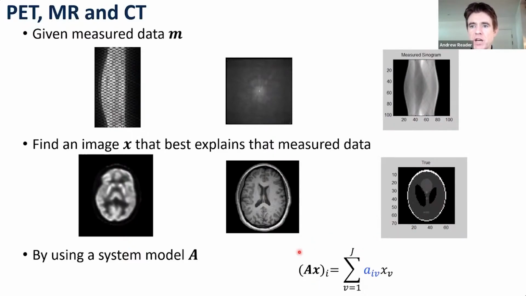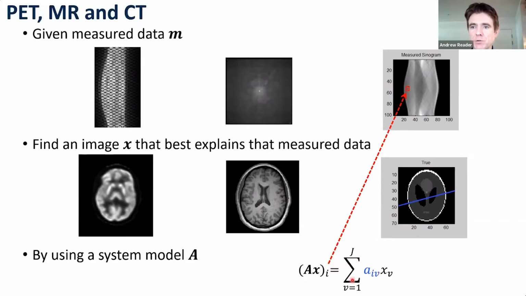And all of those are captured in this simple linear model that I'll be assuming throughout, which is that you've got a vector X, which is the object representation or the image, related by a system matrix A to the measured data. I'm just going to show an example whereby this is showing one element. I'm going to be using (AX)_i to denote one element in the measured data.